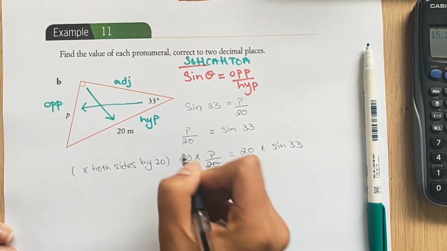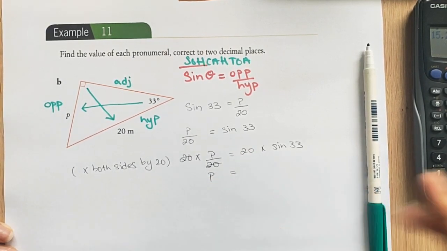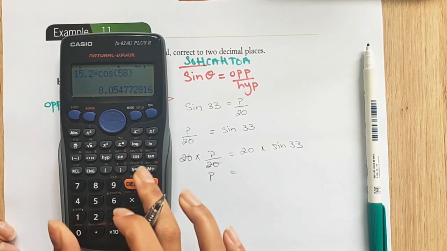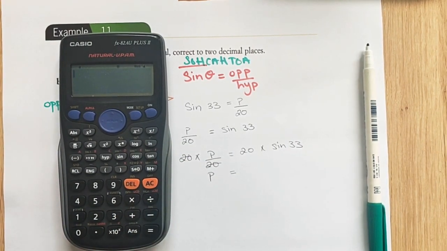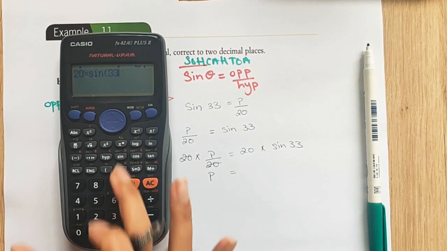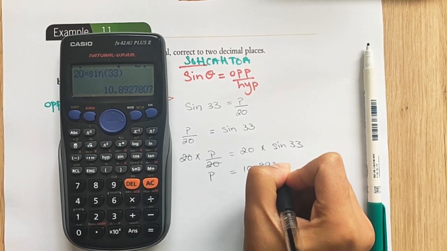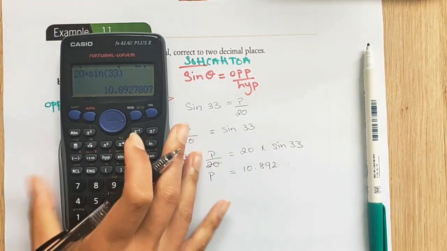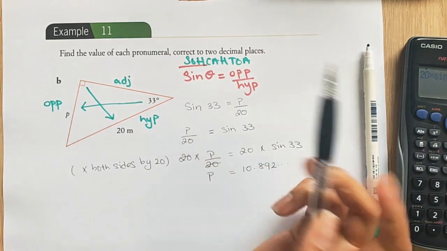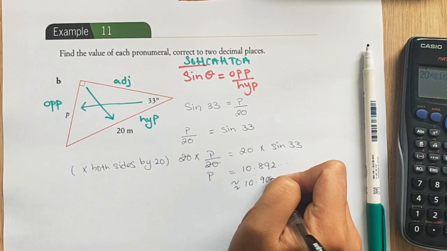Here the 2 20s cancel out. We're left with P equals 20 times sine 33, which I'm going to work out on my calculator. So I have 20 multiplied by sine 33, and that gives me 10.89... Again, remember, the question wants us to approximate the answer correct to 2 decimal places, so that would be 10.90.